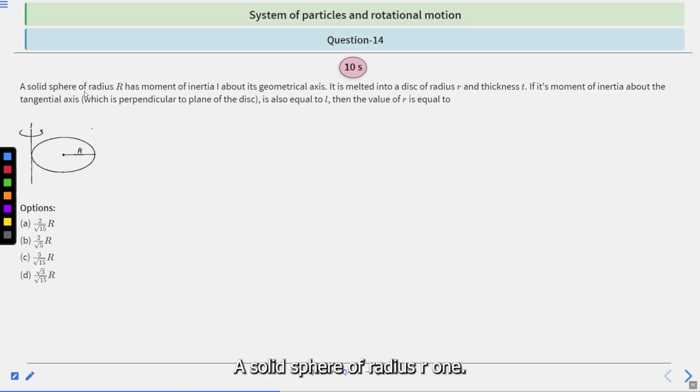Question 14. A solid sphere of radius R has moment of inertia I about its geometrical axis. It is melted into a disk of radius r and thickness t. If its moment of inertia about the tangential axis, which is perpendicular to the plane of the disk, is also equal to I, then the value of r is equal to what?